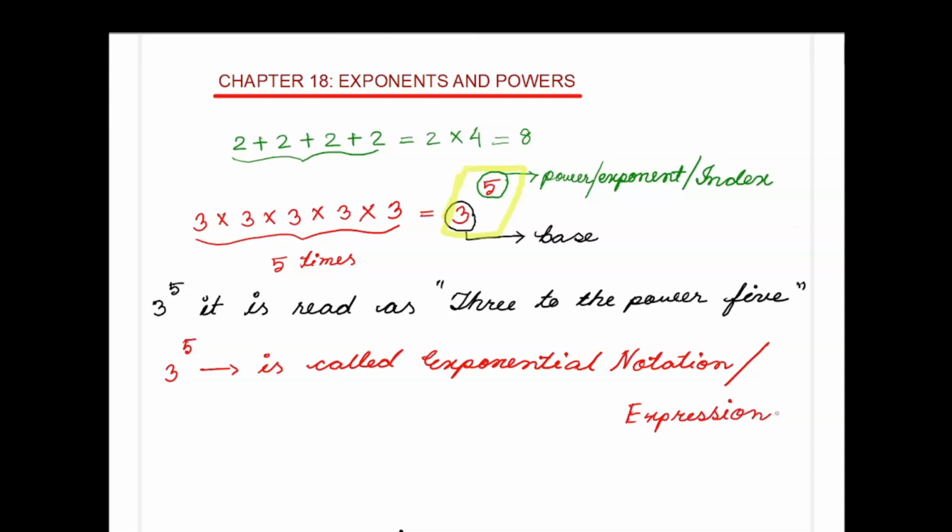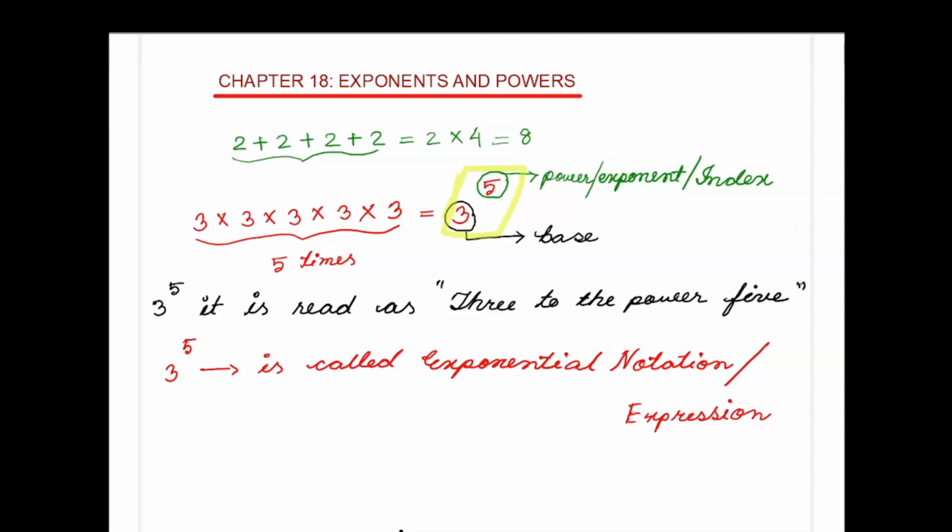So this is the basic concept. When a number is repeatedly multiplied, we can write it in the form of exponential notation. I think up to here all of you understand clearly. Children, you just pause the video and note it down.